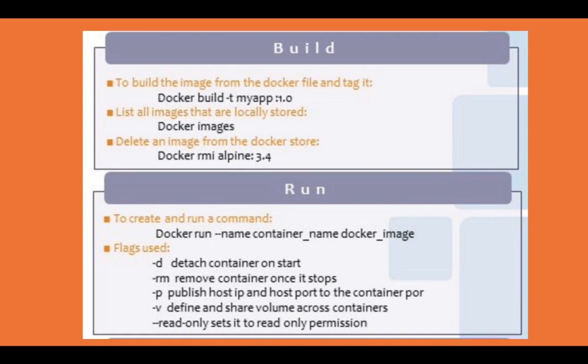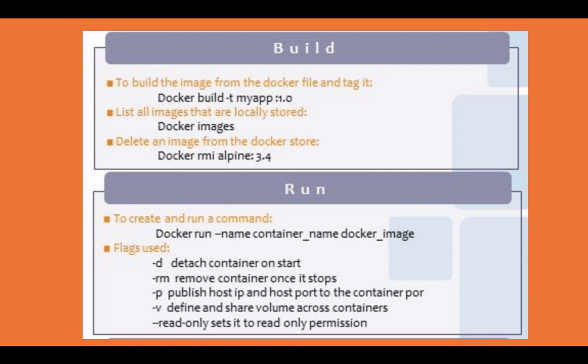So let's see some of the Docker commands which will help us to use Docker. So let's see how we can create or build our Docker container. To build the image from a Dockerfile, we have docker build -t.